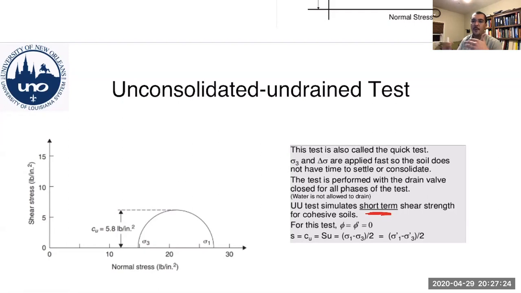Long term, remember, we talked about this in consolidation lab, you will have the pore water pressures leave the sample. You will have an increase in effective stress, because remember, effective stress is total stress minus pore water pressures.